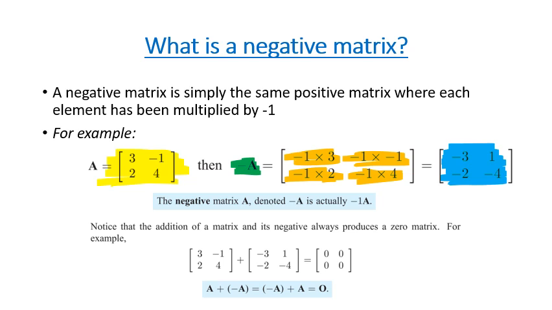Something else to take note of is that when you add a positive matrix to its equivalent negative matrix, the answer is going to be a zero matrix, and that's shown just down here.